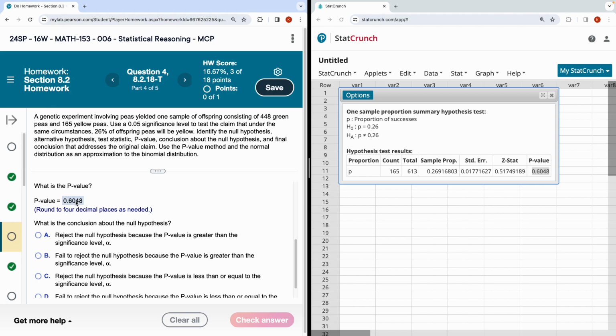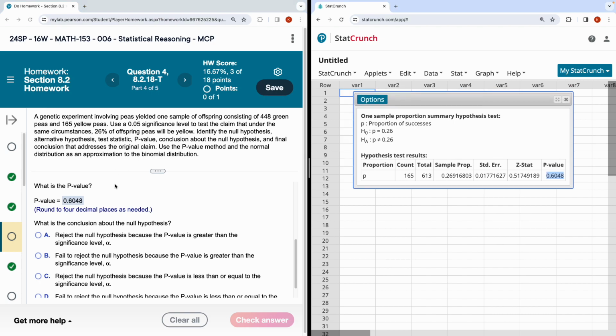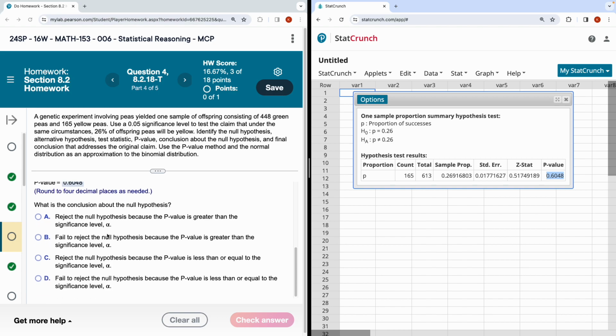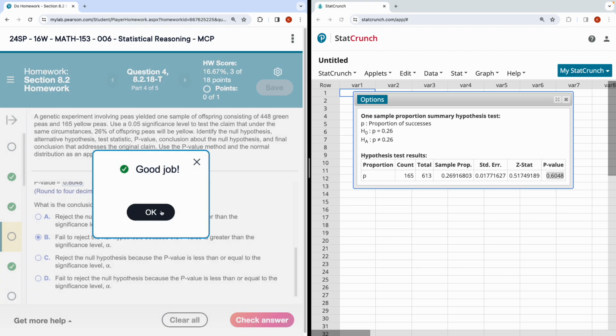One way I remember that is when the p is high, the null will fly. So the null hypothesis is going to stay right where it is. So we fail to reject the null hypothesis because the p-value is greater than the significance level. So option B is what we're looking for there. If you look at D, fail to reject the null hypothesis because the p-value is less than, we know the p-value is in fact greater than our significance level. So that's why we're failing to reject. And we get that one correct.